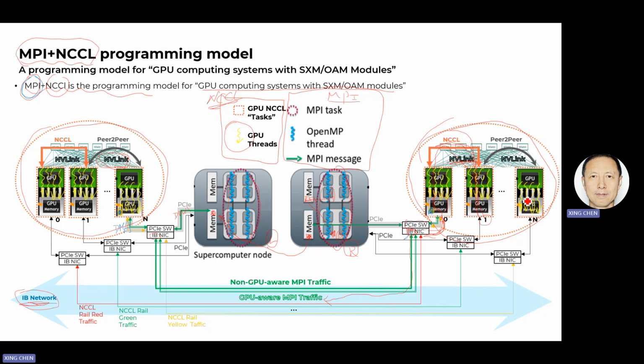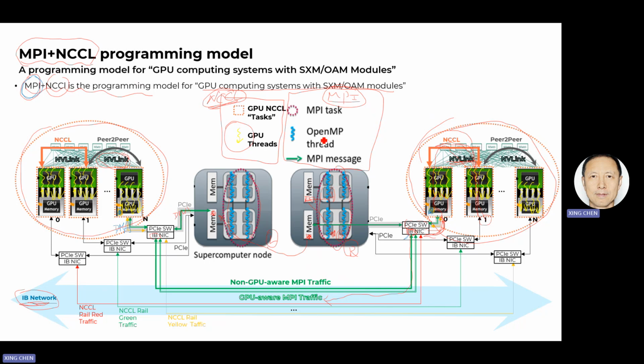So to make things simple, to summarize, there are 2 sets of communication libraries. There are 2 sets of communications for this kind of programming model. There is the MPI communication. There is also this NCCL communication. MPI communication is for MPI tasks.